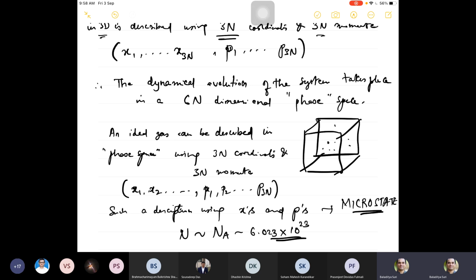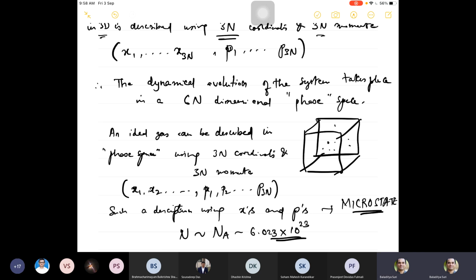And in principle, to even write down these coordinates, just to take a picture of this entire gas, and to record the coordinate of every particle, forget even the momenta, to take a static picture and to record the coordinates of all these particles is a humanly impossible exercise.